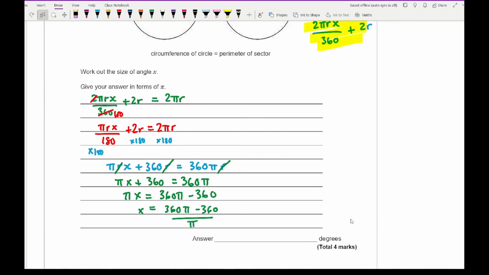There's a number of ways in which you could write this answer, and that would be absolutely fine. Or I could write this answer as 360 minus 360 over pi. Or, with a bit of factorising, I could write 360 times (pi minus 1) all over pi equals x. Any of those would be absolutely fine as your final answer to get the full marks.